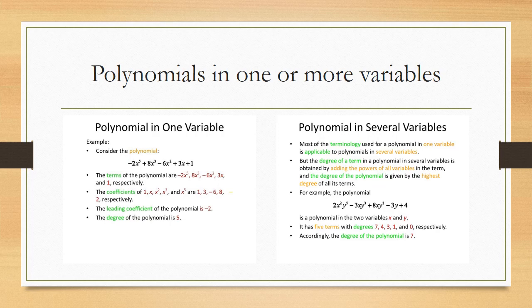For example, 2x square y^5 minus 3xy cubed plus 8xy square minus 3y plus 4 is a polynomial in two variables x and y. It has 5 terms with the degrees 7, 4, 3, 1 and 0 respectively. So, the degree of the polynomial is the highest degree, that is 7.